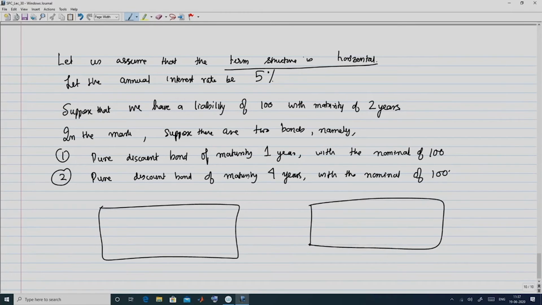So, what you have is that on one side you have the liability, that means from now to 2 years, at 2 years you have to pay an amount of 100. And then in the market there are only two bonds. The first bond is of maturity 1 year with a nominal of 100, and these are pure discount bonds, and the second one has a maturity of 4 years.